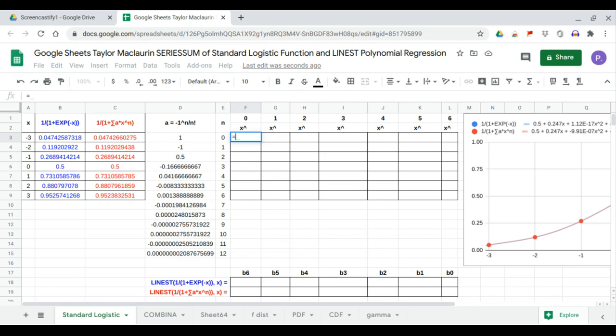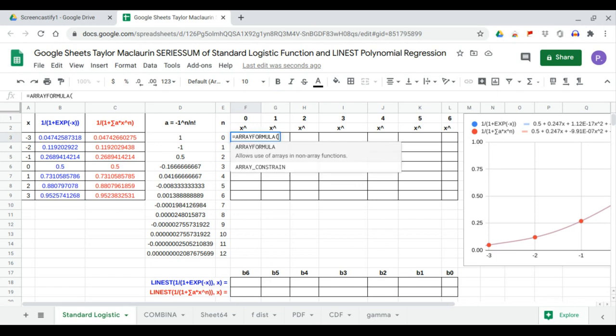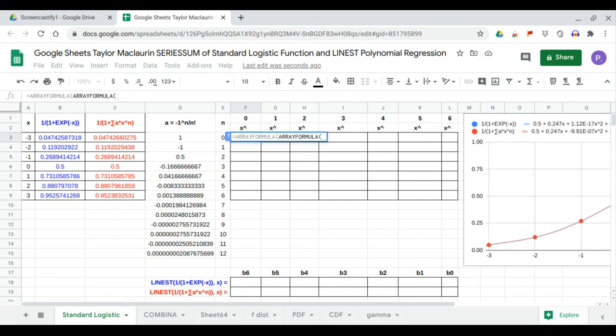Now the 1 comma x matrix will be array formula of the x values raised to the power 0 to 6. Now that you have the 1 comma x matrix, we can enter the LINEST.